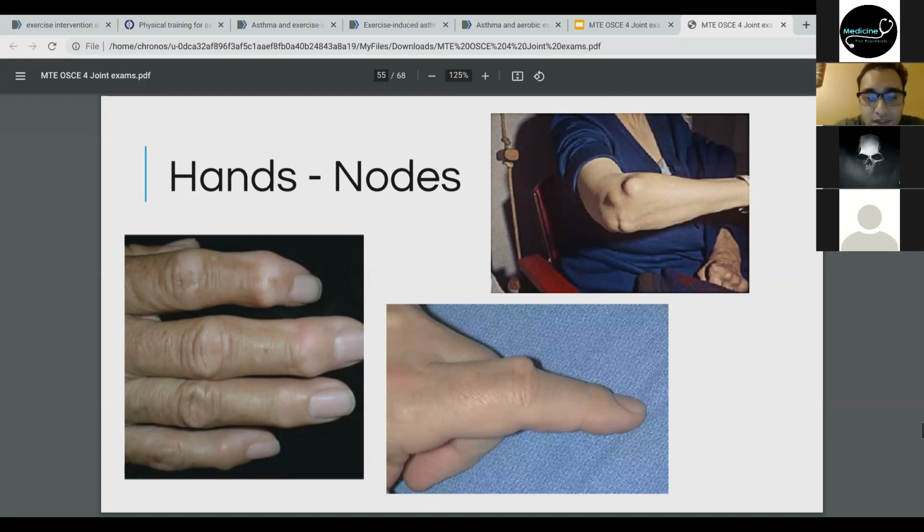Can someone tell me about the blue picture, the bottom one? The bottom one is admittedly a little less clear. It was quite hard to find pictures for this one. Someone's written Bouchard's nodes. Yeah, so Heberden's are your distal joint, Bouchard's are your proximal joint. They're both fairly good signs of RA. It's very rare that you'll find one without the other, which is why it's very hard to just find a picture of a Bouchard node.